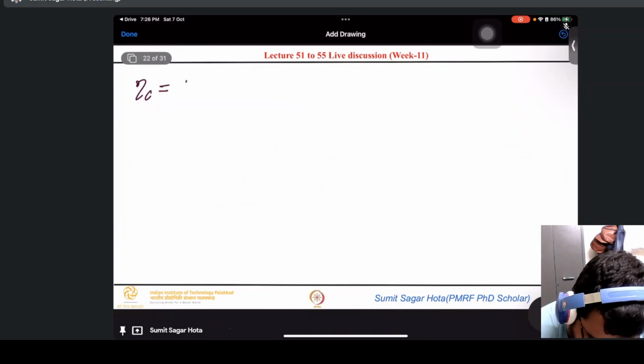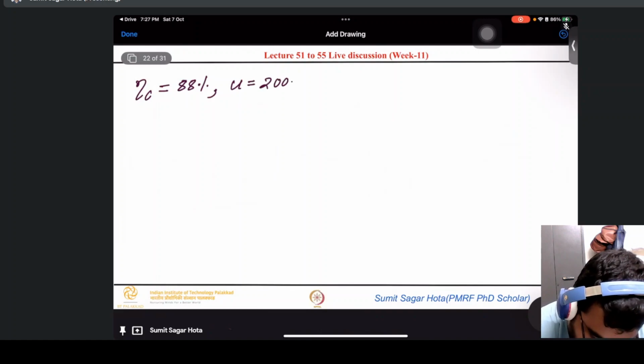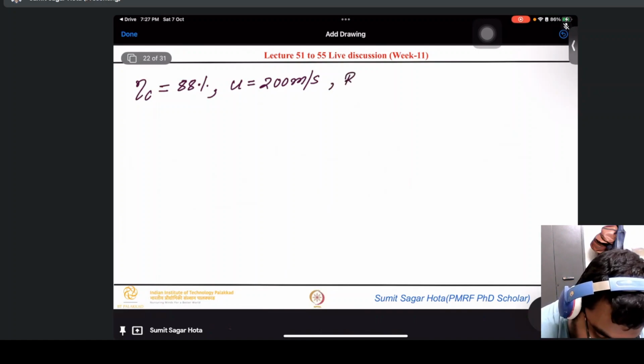Isentropic efficiency is 88%, NC equal to 88%. What is U? U equal to 200 meter per second. R equal to 50%.